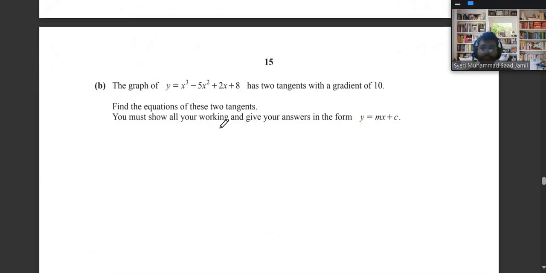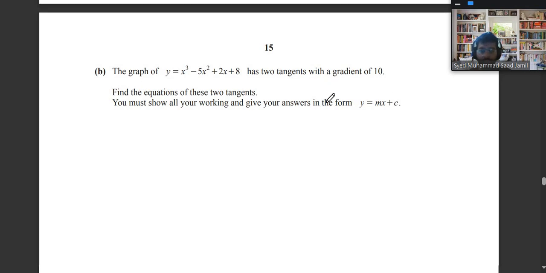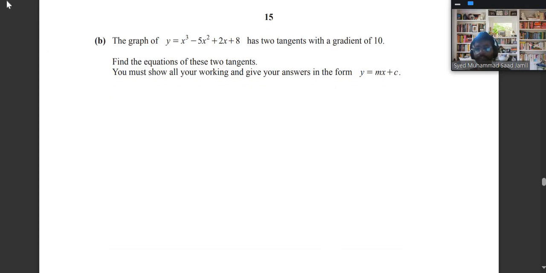It says the graph has two tangents with the gradient, then find the equation of those two tangents. Okay, so look, many of you guys might be finding this question to be difficult. You guys need to first understand a very basic concept: whenever we talk about a curve like this, for example, this point will have another gradient, this point will have another gradient, this point will have another gradient.